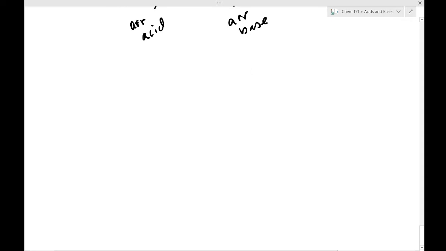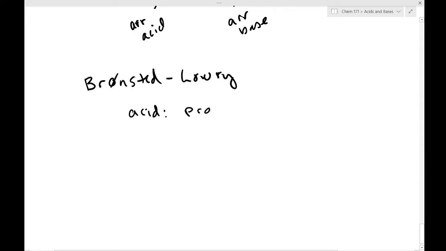Let's get started. The second definition of acids and bases is known as the Bronsted-Lowry definition. The Bronsted-Lowry definition defines an acid as a proton, i.e. H plus ion donor.